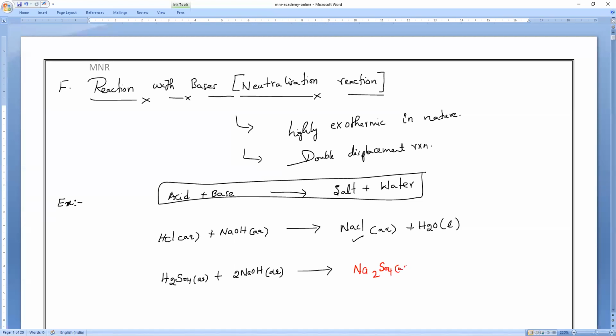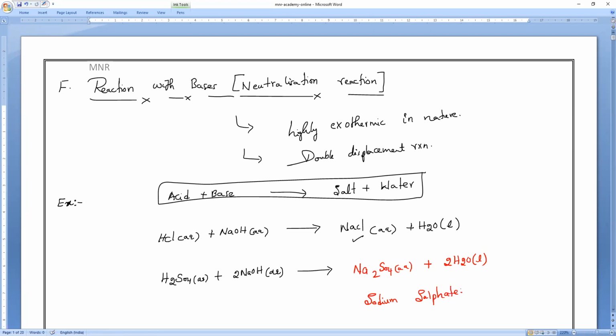Na2SO4, in aqueous state, plus water, in liquid state, 2H2O. I already balanced it, so you can proceed. H2SO4 reacts with 2NaOH, gives you Na2SO4 plus 2H2O. So what is Na2SO4, everybody? It is called sodium sulfate. All of you remember that.